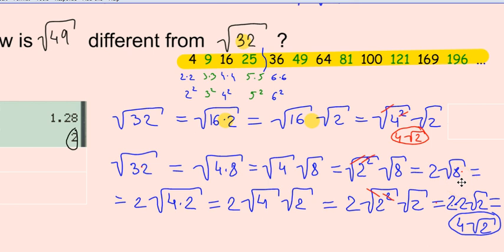Anyway, it's always a good practice at the end, when you think that you are done and you have a final answer, look at your radicand and ask yourself, maybe it still could be divisible by the greatest perfect square number or any perfect square number. In that case, you will need to simplify further.